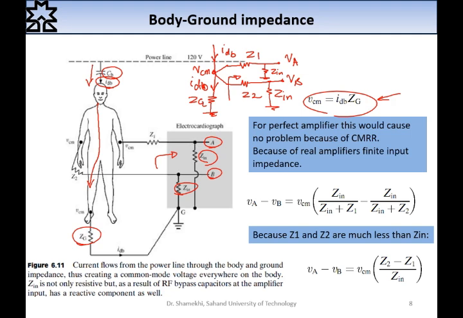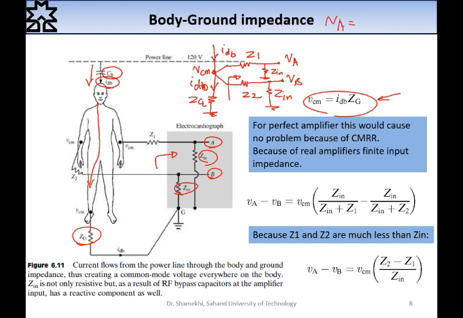And also we should write the VA and VB. VA and VB is a voltage dividing by Z1 and Zin and Z2 and Zin.